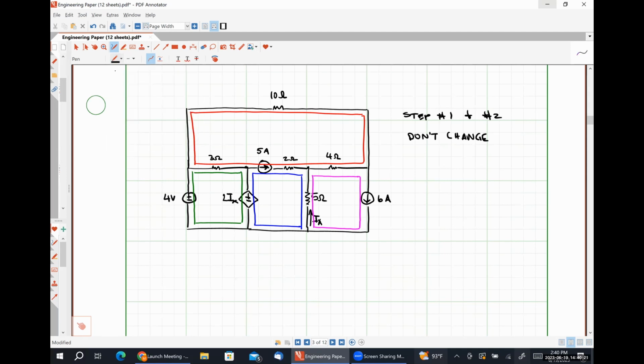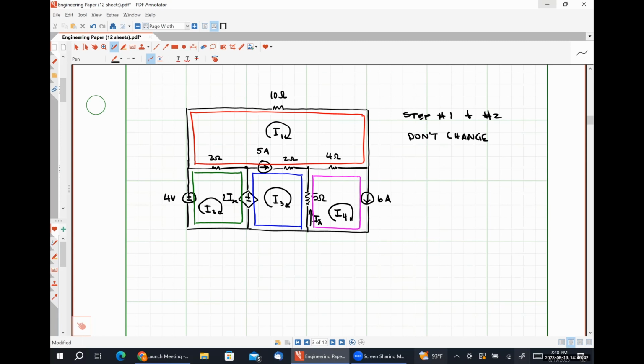Now I'm going to label my mesh currents. So this is I1. This mesh will have I2. This mesh will have I3. This mesh will have I4.